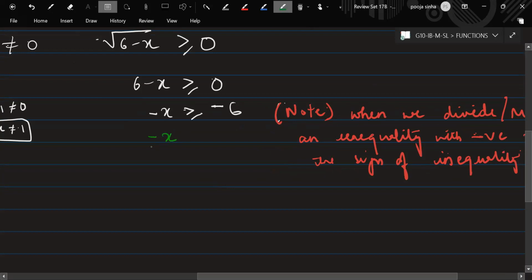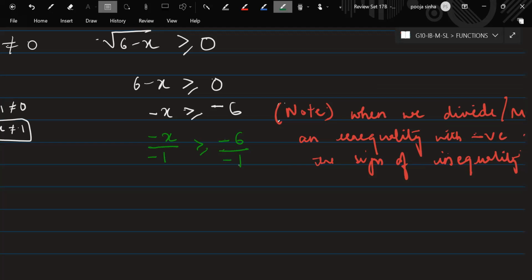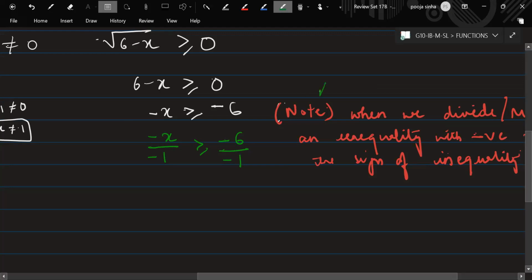I want to remove the minus sign, so I'll have to divide it by minus 1. If I divide that by minus 1, I have to divide this also by minus 1. You will always follow this rule whenever you have an inequality. You will not straight away remove that minus sign; you will always divide with the minus number because of this rule.